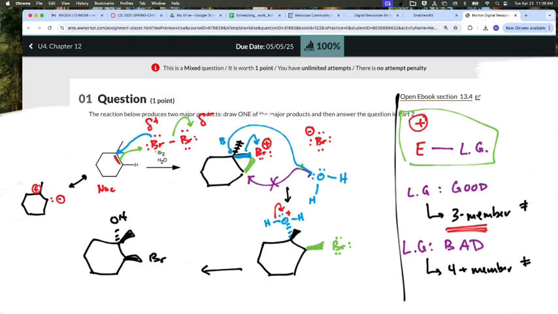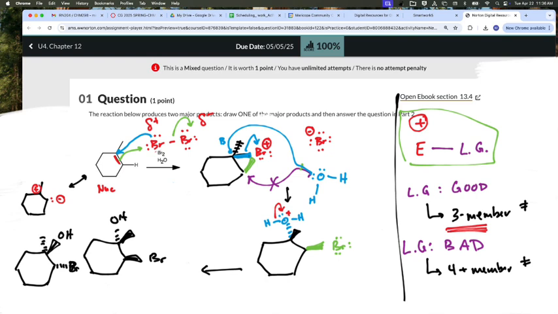If we went through and drew the other product, what we're saying is that the pi bond reacted with the bromine from underneath. So the bromine would be dashed. And if the bromine is dashed, what's the OH? It has to be wedged. Remember, it's coming in from the backside. So if your bromine is dashed, the OH has to come in from the backside of wherever it's at. It's going to be wedged, which means your methyl group ends up being dashed.